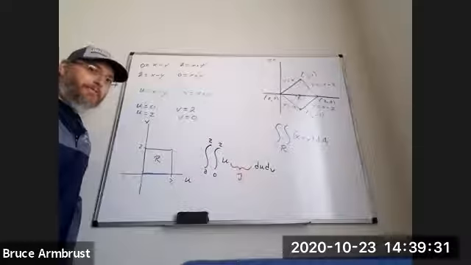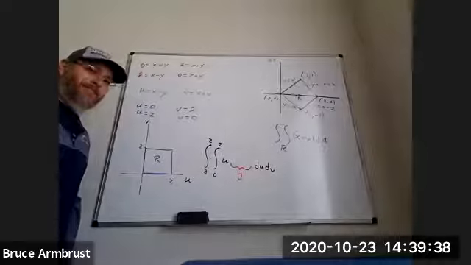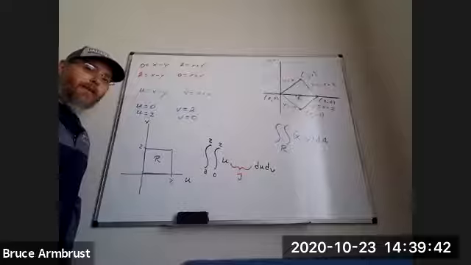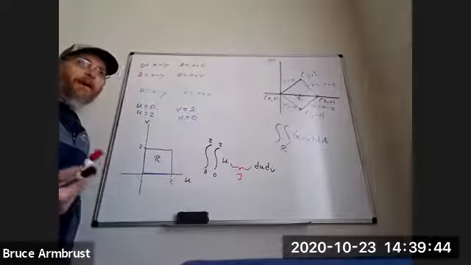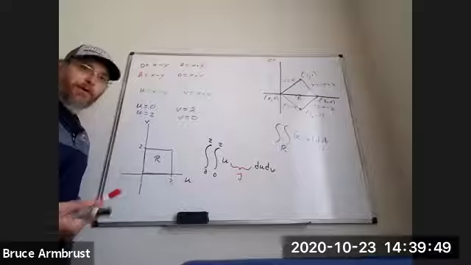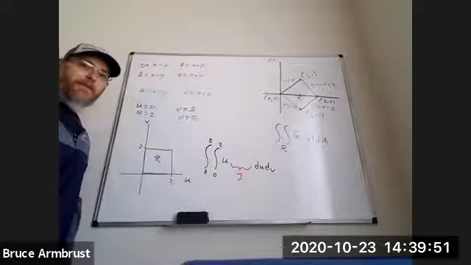Does that happen? The Jacobian screwing you over? The Jacobian can be pretty gnarly, for sure, depending upon how you do the transformations. This one, since the boundaries are lines, you're going to see the Jacobian's no big deal whatsoever. But think about the one for spherical. We have that rho squared sine of phi.